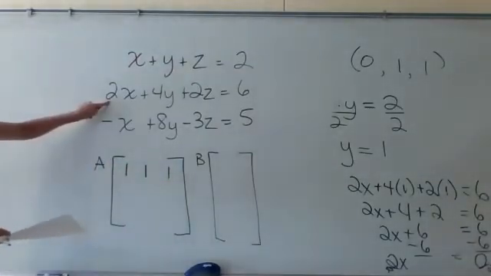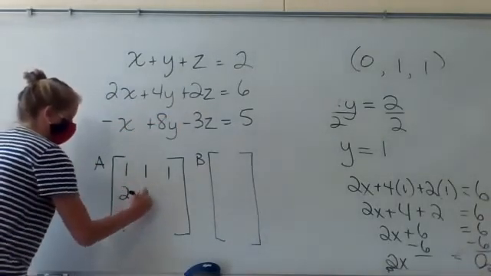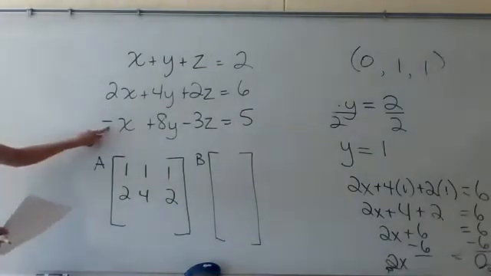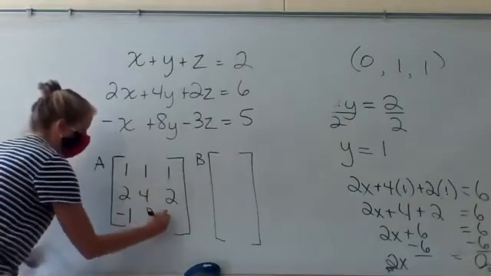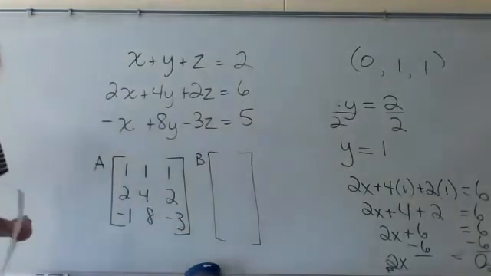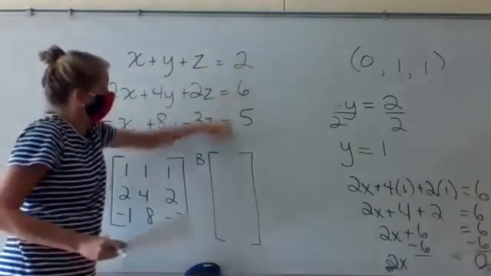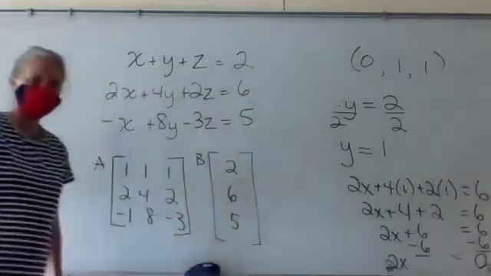The second row will be 2, 4, 2. And the third row will be negative 1, 8, and negative 3. So that's going to be your matrix A. Matrix B is the answer side. So 2, 6, 5.